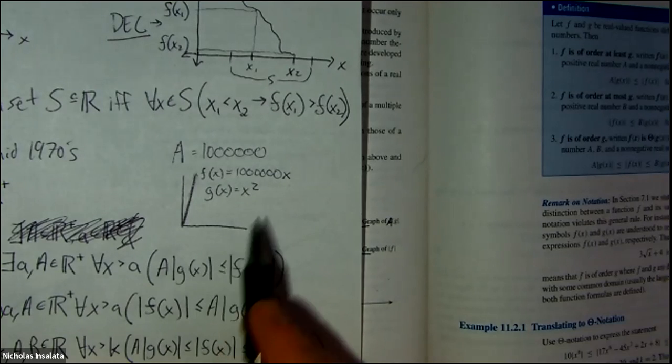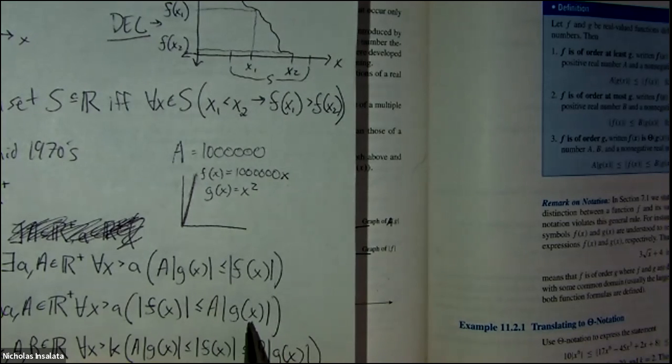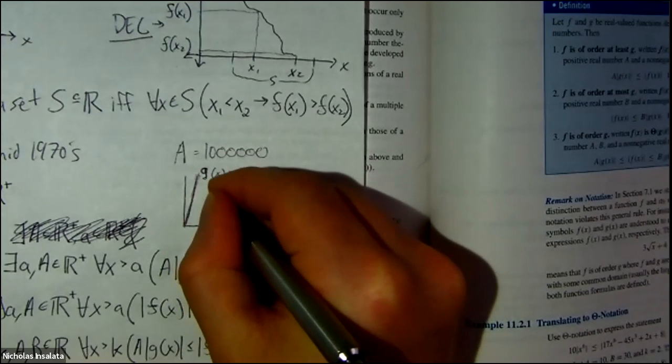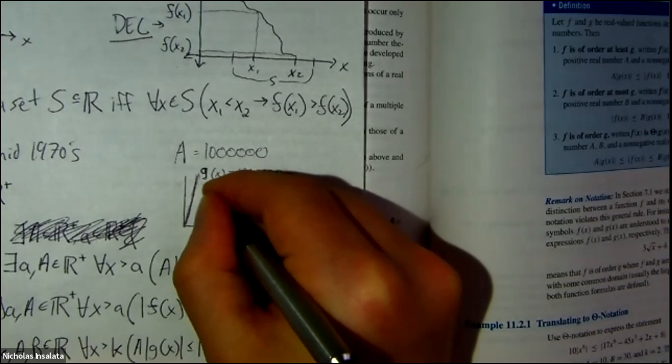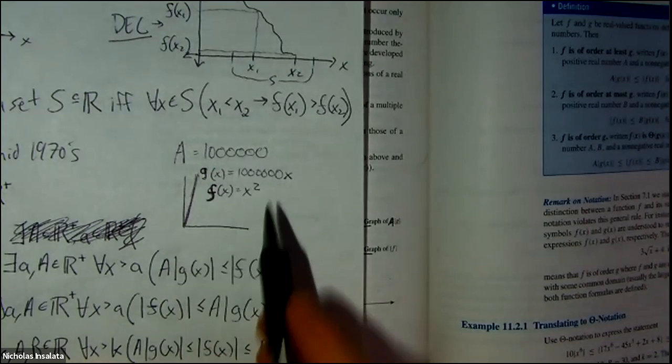So what's going to happen in this case? Well, g of x is still going to be, sorry, I did it backward. Here, let me switch it. That's supposed to be G. This one will be F. There we go. Okay, so why does this not work?